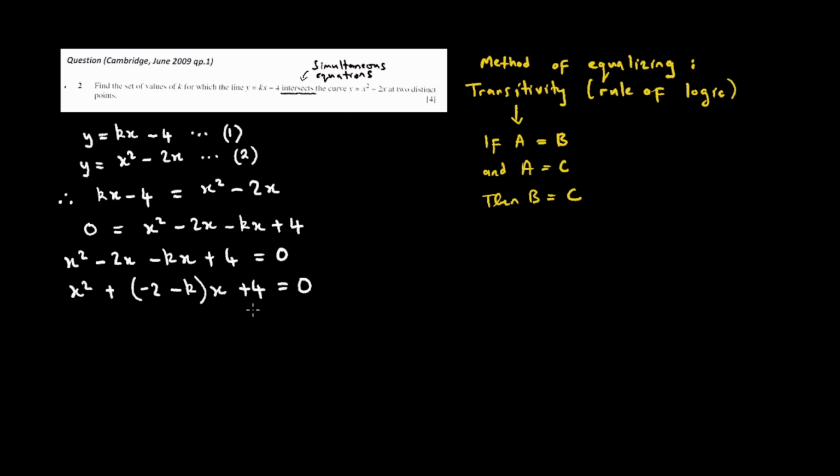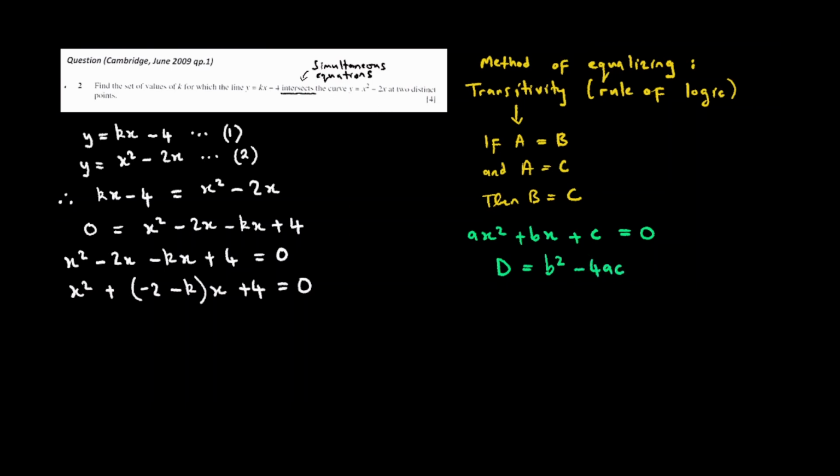We know that a quadratic equation in general form is ax squared plus bx plus c is equal to 0. And we also know that from this general form we have what is called the discriminant, and the discriminant is equal to b squared minus 4ac.